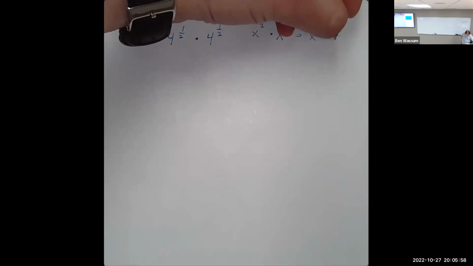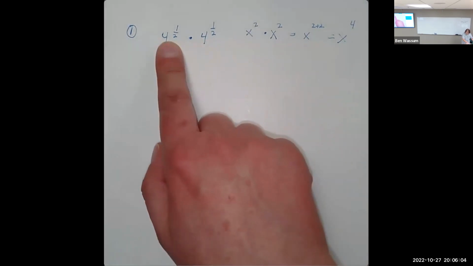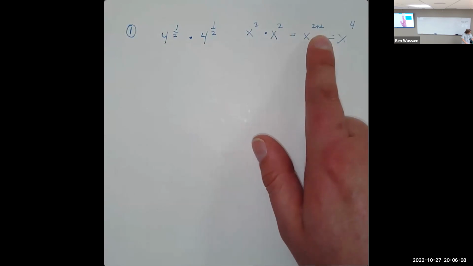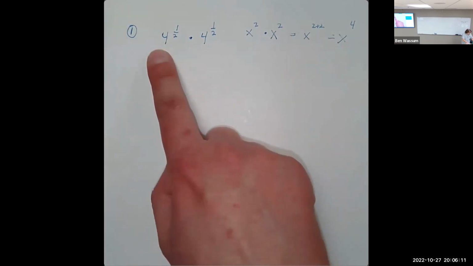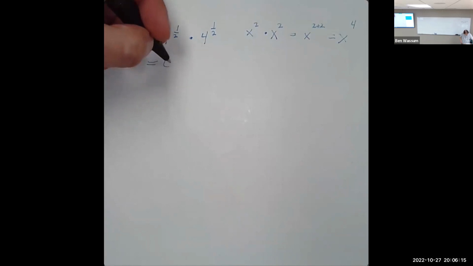And I would end up with x to the fourth. Okay, makes sense. How does that relate to this? Well, I have the same base and the powers got added, right? So if I have the same base, then you would add the powers.